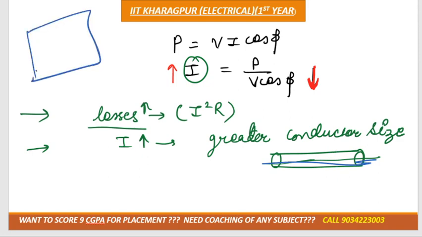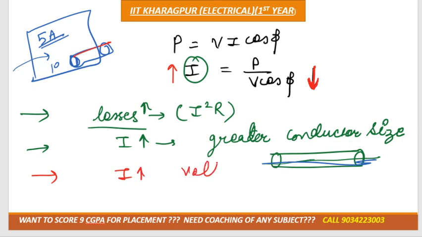Suppose at your home you are getting a current of 5 ampere. But if from the government side the current increases from 5 ampere to 10 ampere, then you need to make a larger cable, right or not? Okay, so if current increases, voltage drop also increases. That is also a thing, right?